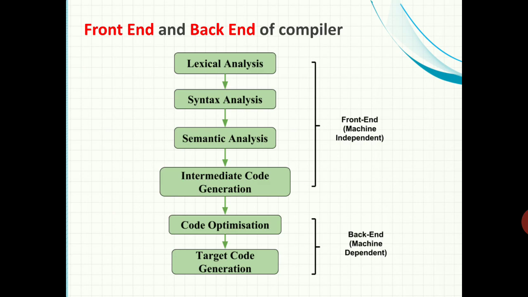The last two phases, code optimization and target code generation, form the back end, or the synthesis phase of the compiler. So we can group the phases of the compiler into two: first the analysis phase, then the synthesis phase.